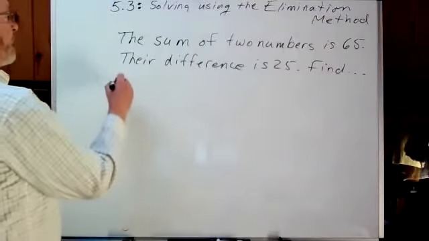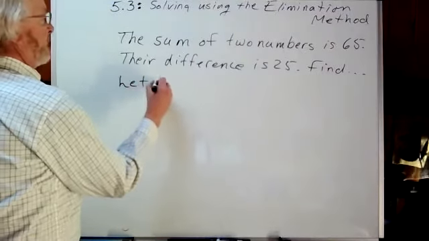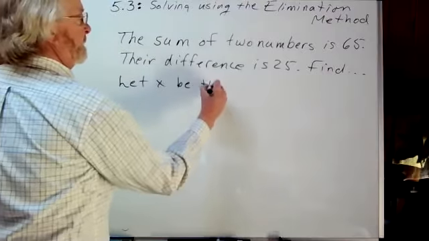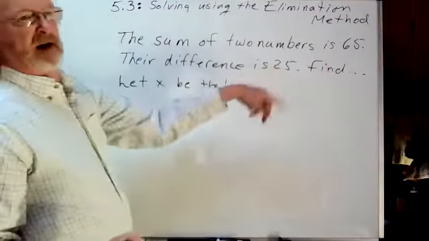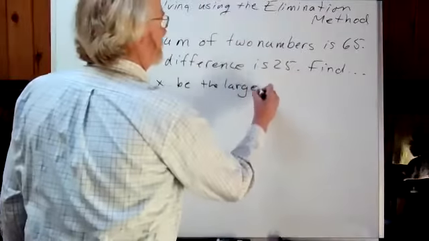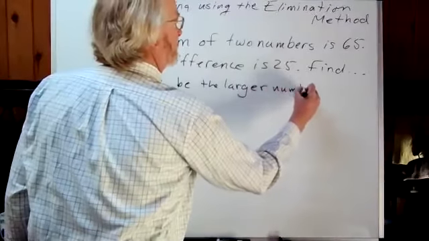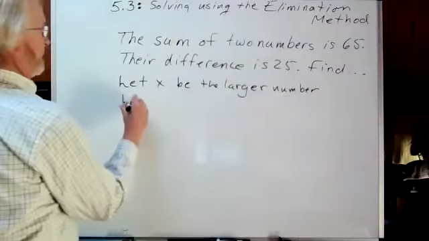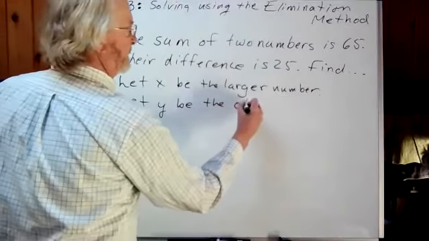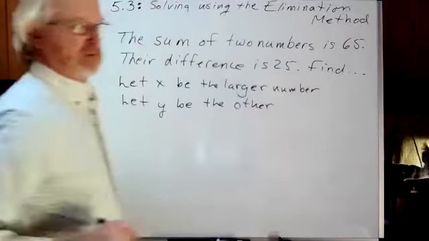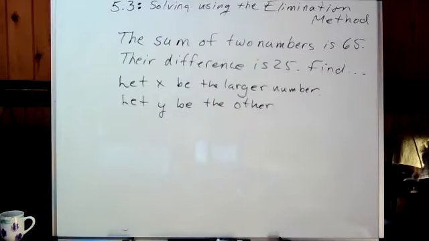Might say something like, let x be the larger, right? If their difference is 25, one's bigger than the other. And let y be the other, something like that. Defining my variables. I'm going to use x and y in this problem.